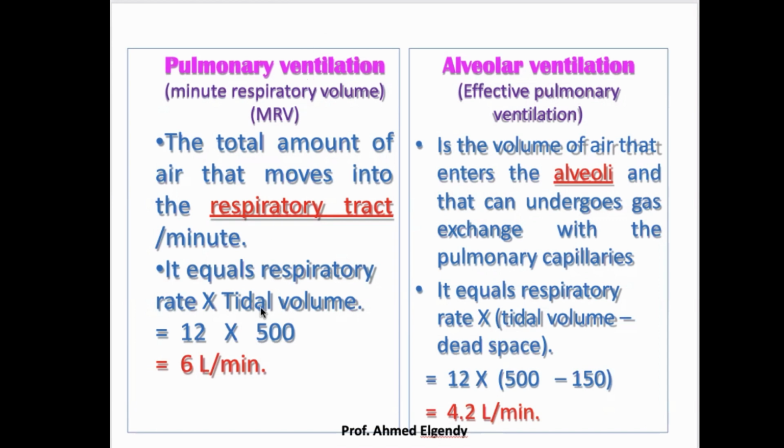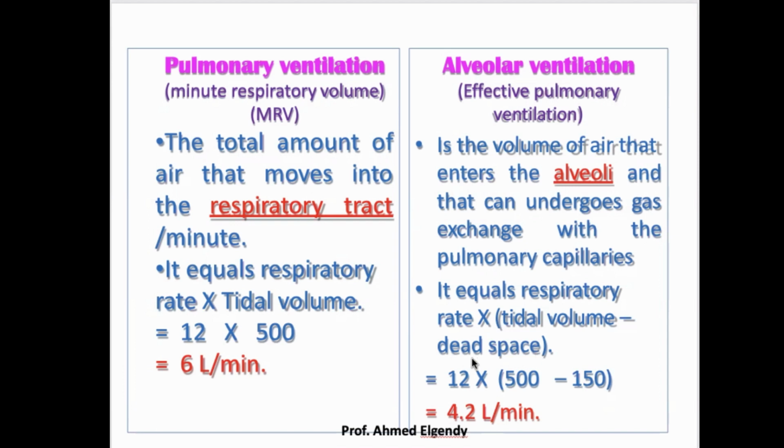So what is alveolar ventilation? What is the difference? It is the volume of air that enters the alveoli and can undergo gas exchange with the pulmonary capillaries. It is the respiratory rate times tidal volume minus dead space.